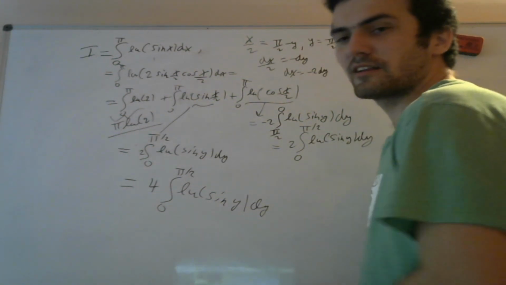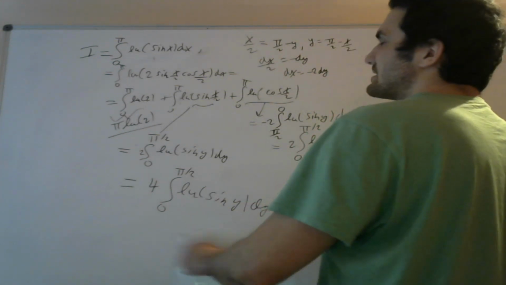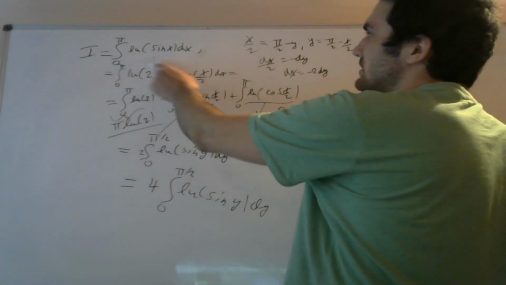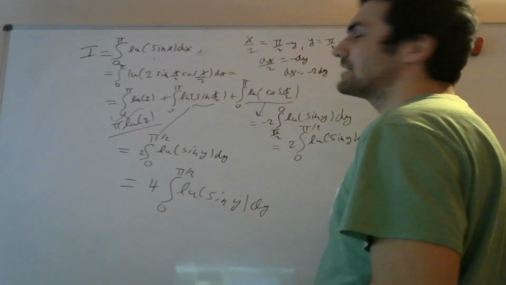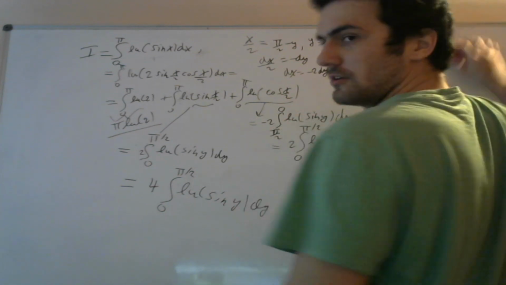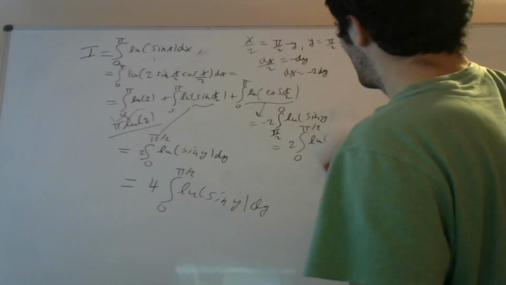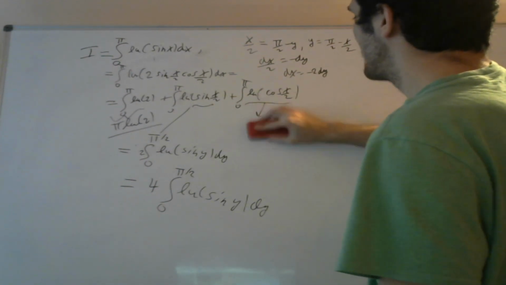Now we have to realize one thing. This isn't the same as our original integral because of the boundaries, but let's erase some things so I have more space. We don't really need this anymore, we have derived it.